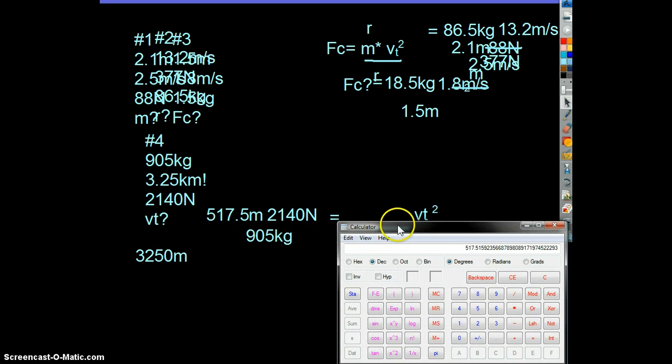Let's see. 517.5. I'm going to multiply that by my 2140. Enter. I'm going to divide by my 905. Enter. And I've got 1223.7 there. That equals VT squared, so I got to square root it.